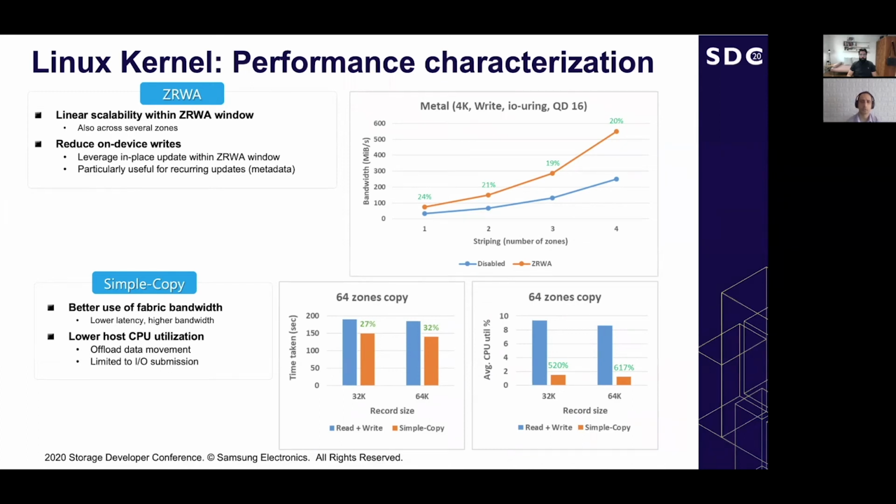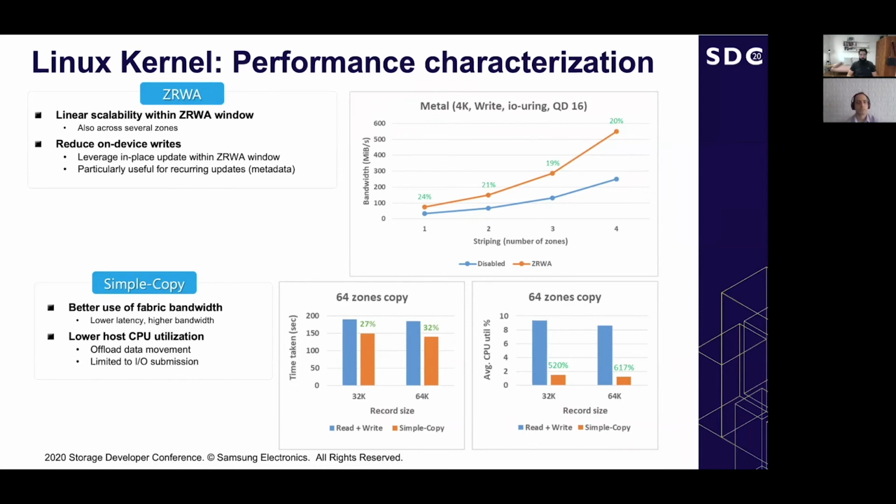We are writing these zones in stripe fashion. The reason for this hike is that as we increase the number of zones being written concurrently, the workload gets more parallel. The orange line shows the bandwidth with the same setup. The only difference is that GRWA has been enabled on these zones, which gives about 20 to 25% increase in the bandwidth.